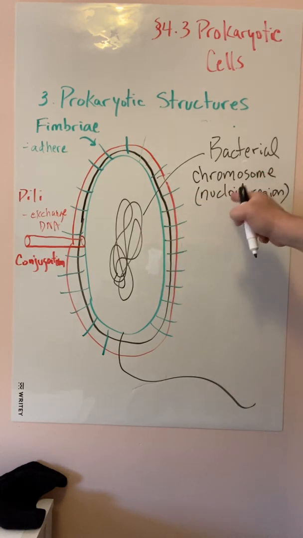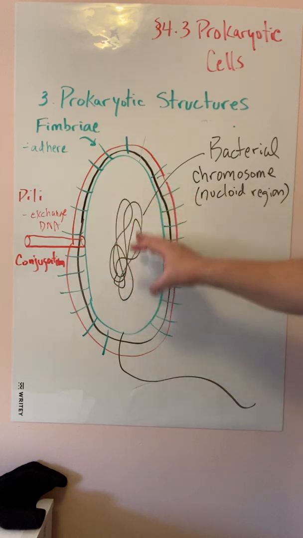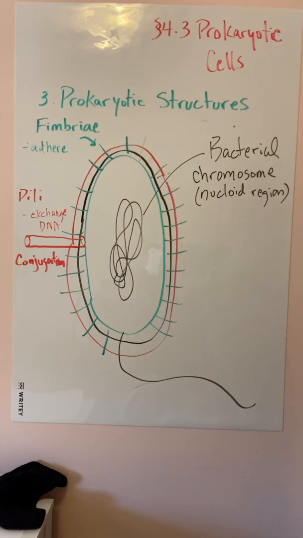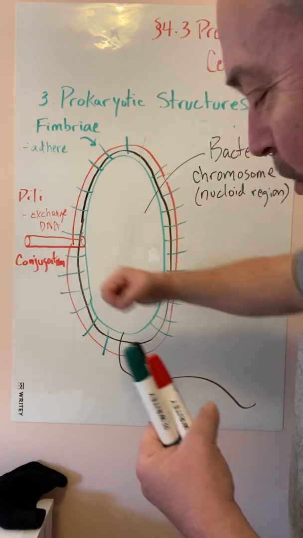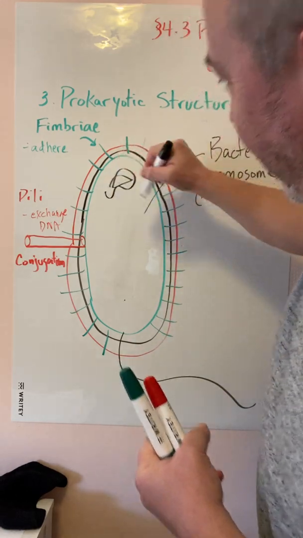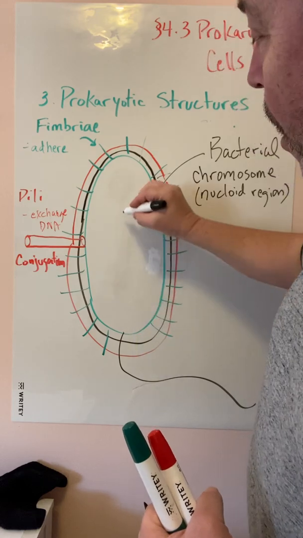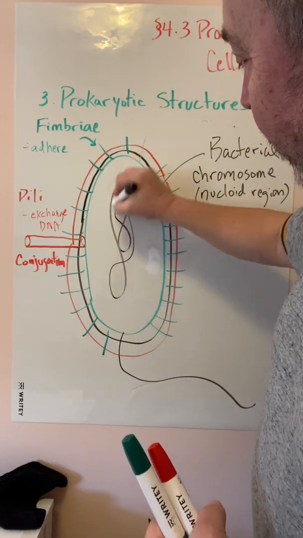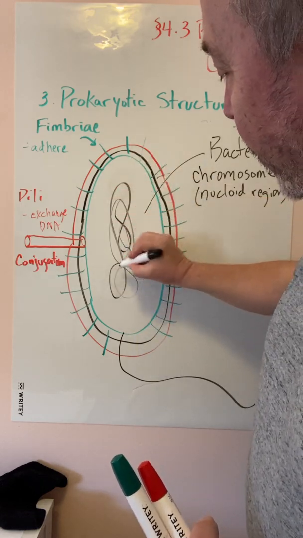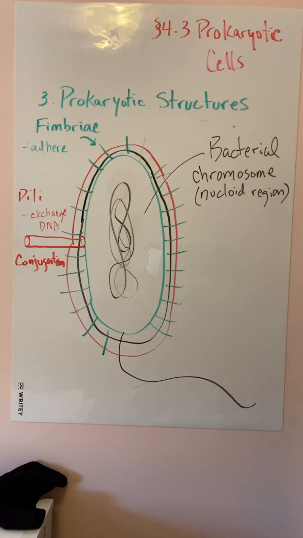The nucleoid is not a structure. The physical thing that is there is the chromosome. This area where we find the chromosome is the nucleoid. If the chromosome was over here, that would be the nucleoid region. So it doesn't matter where the chromosome is, but wherever it is, we call that the nucleoid region.